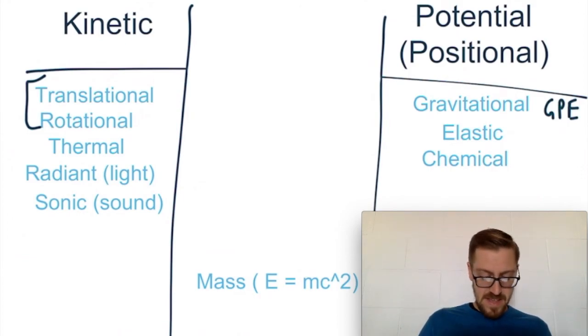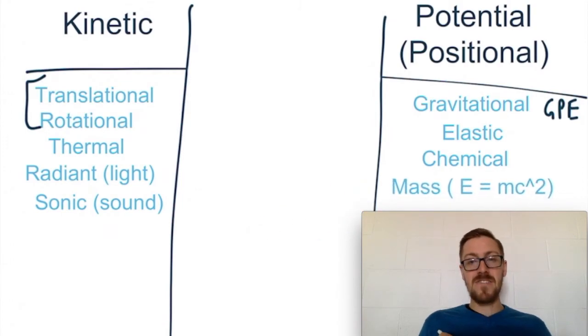And last but not least, we have mass. Mass is a potential. This is kind of strange to think about, but Einstein's famous equation, E equals mc squared, just means that energy, which is what the E stands for, is equal to mass, m, times the speed of light, c, squared. Now that doesn't change. Speed of light is a number that's stuck in space.